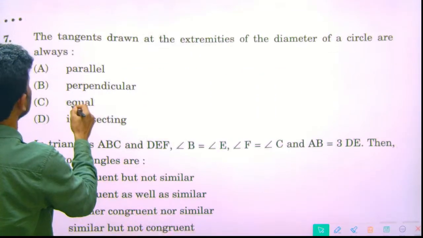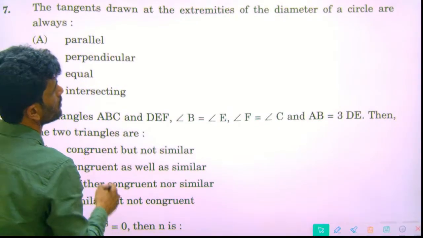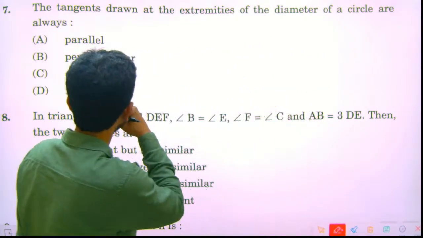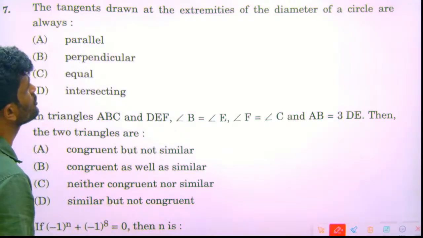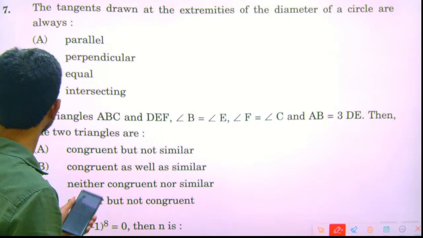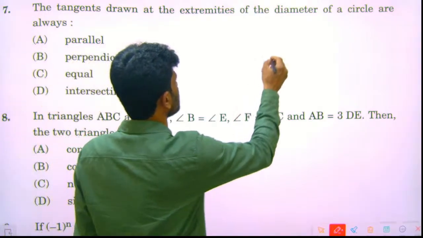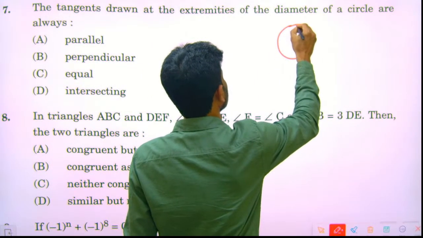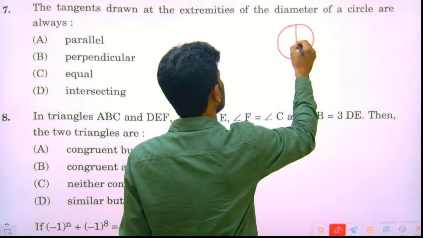Next question, question number 7. Tangents drawn at the ends or extremities of a diameter of a circle are always... It is direct, nothing to be calculated. You have to take the diameter of a circle.